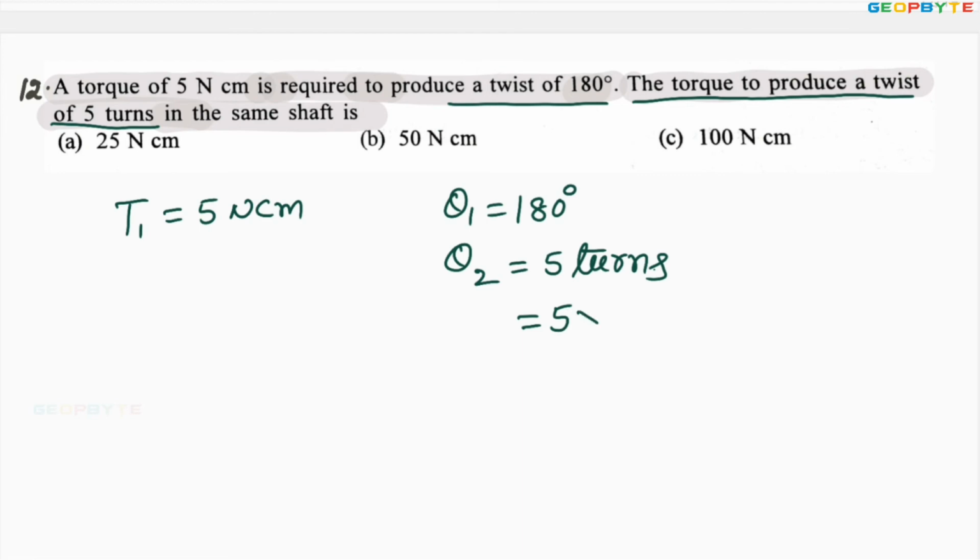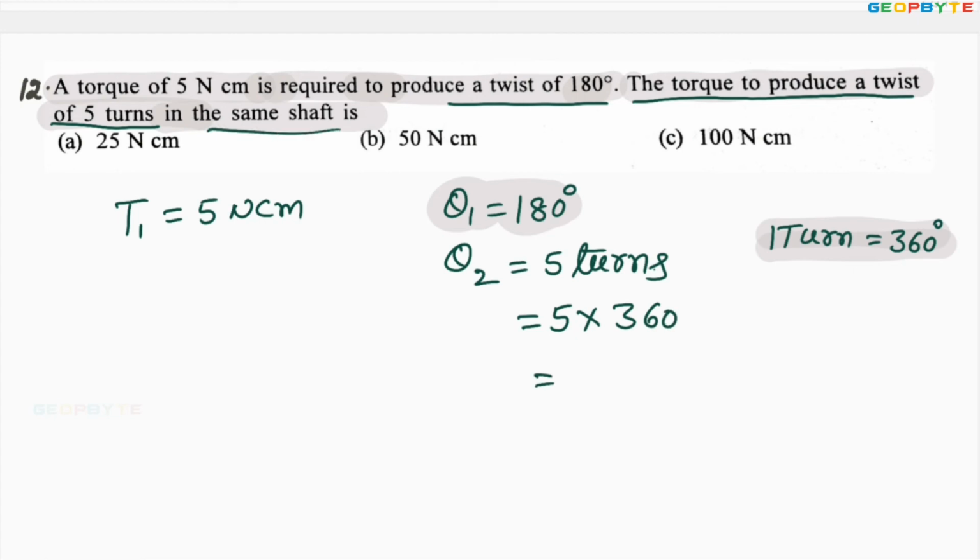Therefore, for completing 1 turn, the shaft has to complete 360 degrees. Here 180 degrees means half revolution.